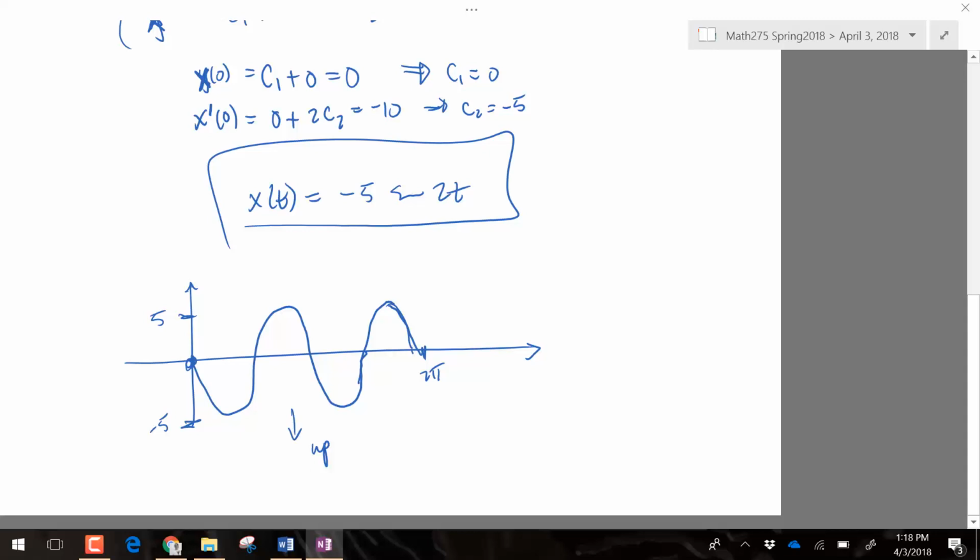They want the gravity to remain positive, and so that goes down. Anyways, this is what we have. Any questions?